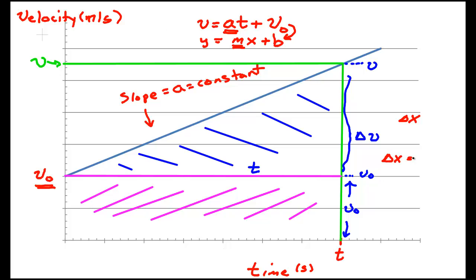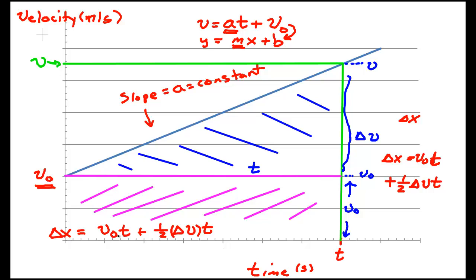Delta x is equal to this rectangle, which is v naught t, plus this triangle, which is 1/2 delta v times t. So I'm going to write that over here so it's a little easier to see. V naught t plus 1/2 delta v times t.